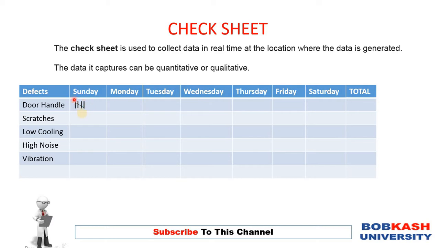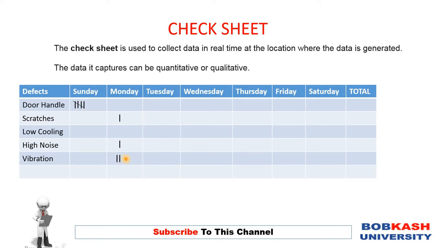So we have noted down 5 defects of door handle on Sunday. Then next day again he stands on the line and he keeps on noting down, and he finds there is one defect of a scratch in the refrigerator, there is one defect of high noise in the refrigerator, and there are 2 refrigerators, because we see 2 lines here.